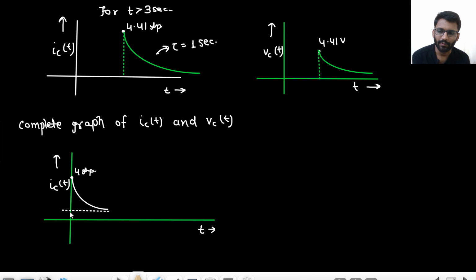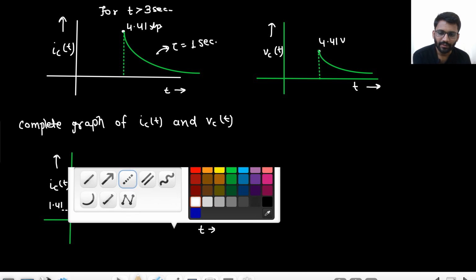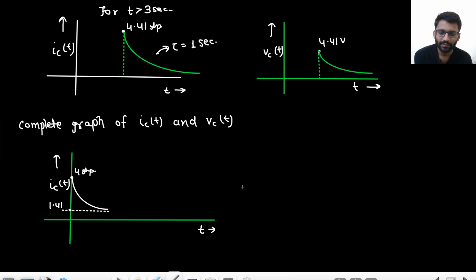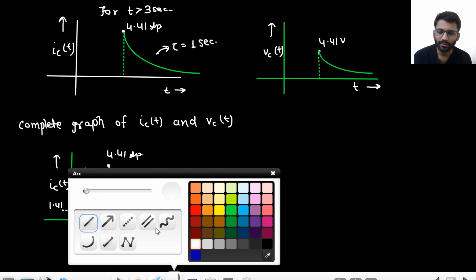Then suddenly the switch is closed, so the value rises to 4.41 ampere, and then it decays down to 0.